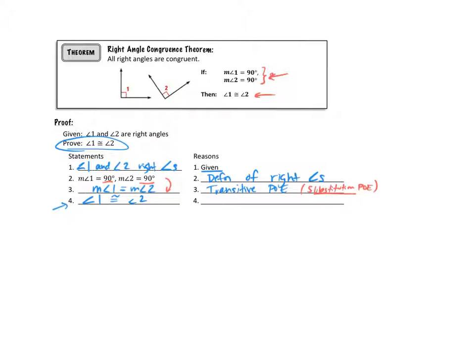All right, and to go from step 3 to step 4, we went from an equality statement to a congruency statement, which means we used our definition of congruent angles. We have now proved our right angle congruence theorem, and we can use it.